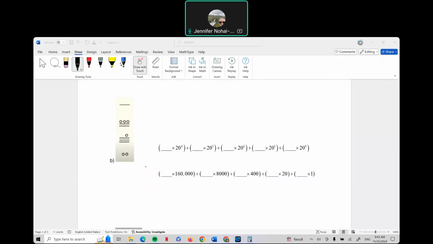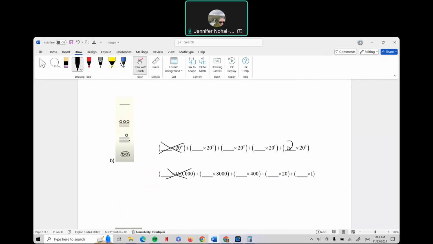Moving down to letter B, notice we have 4 groups of numbers. And so we'll be using the 20 to the 0, 20 to the 1, 20 to the 2, and 20 to the 3. So we won't be needing the 20 to the 4th because that would mean that we needed 5 sets of numbers. And so reading from the bottom up, we have 2 down here. So that's 2 in the 20 to the 0 place.